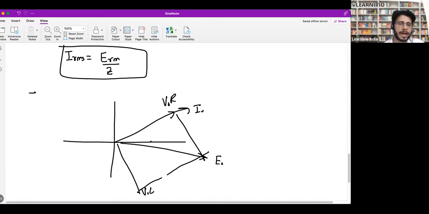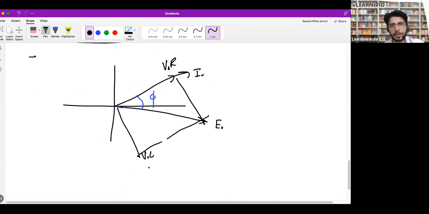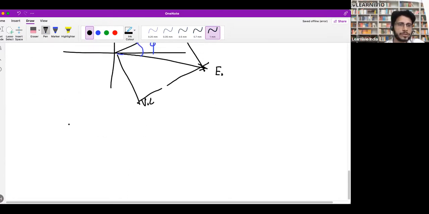So Noor, which one lags here, EMF or current? EMF, by angle phi. So how can you calculate phi? Let's first write the equation. See here, EMF lags current.